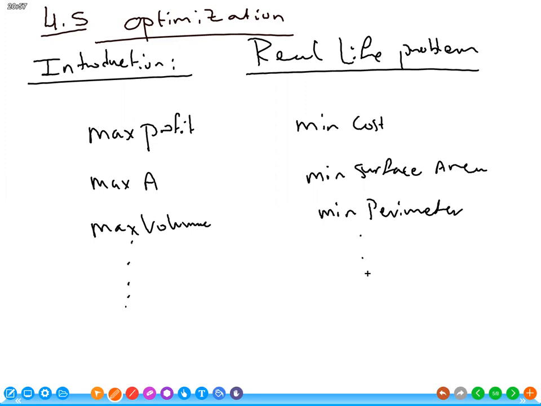We have a lot of examples. Today we'll do together 2 examples about the maximum area and the maximum volume. Done? So step 1, you must determine which function you want to maximize or minimize.